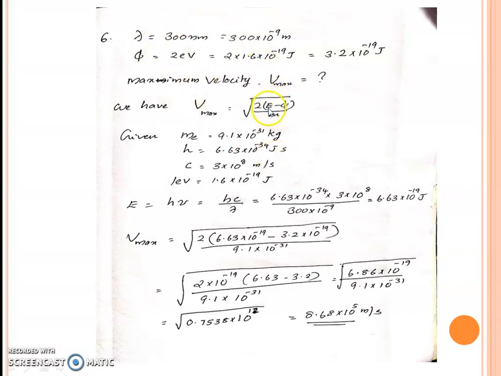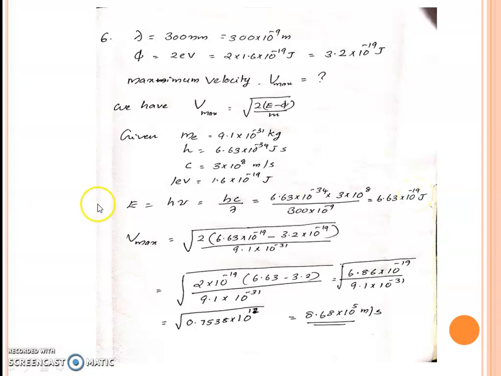The relation between E and lambda is E equal to h nu, which is equal to hc by lambda. Using this relation, the energy of the photon is 6.63 into 10 raised to minus 34 into 3 into 10 raised to 8 by lambda. Lambda is 300 nanometer, that is 300 into 10 raised to minus 9. Then we will get E as 6.63 into 10 raised to minus 19 joule.